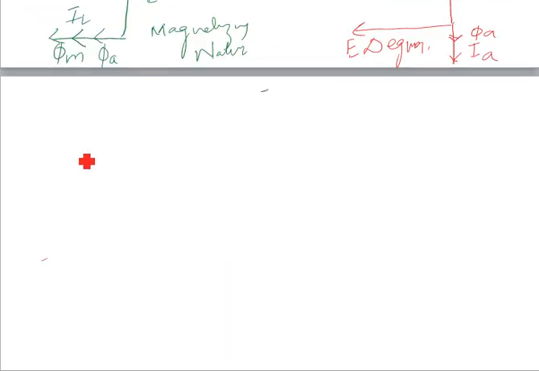Okay, so let us see what will happen for an RL load. Suppose the load is RL with 0.8 power factor, and since it is inductive, the power factor will be lagging, right?